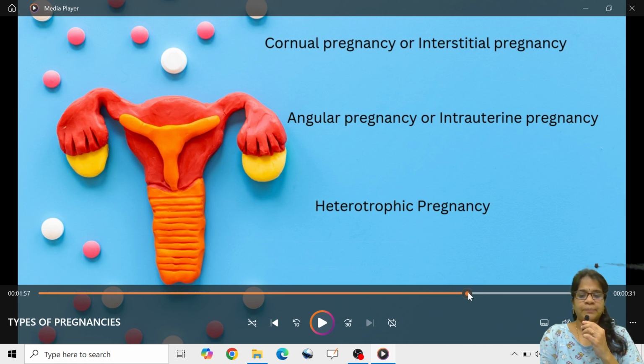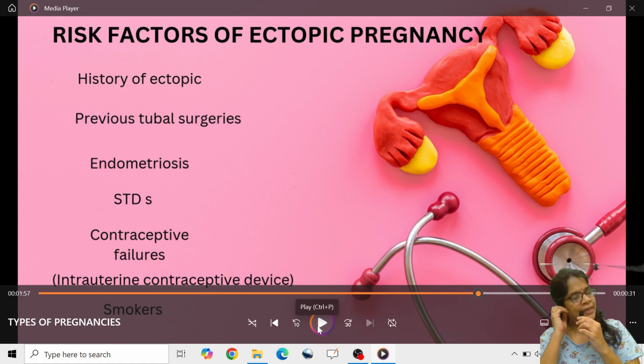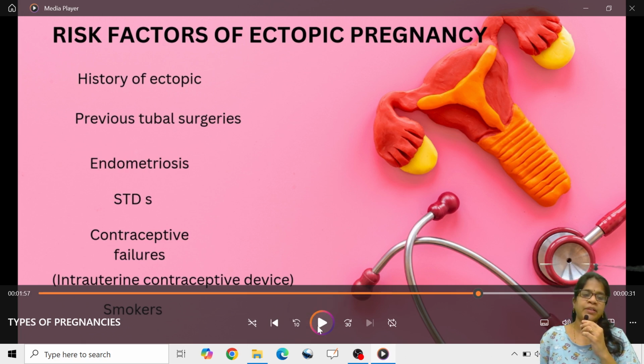This is interesting. So risk factors, I told you, the history of ectopic. If a lady has already gone through a pregnancy which was an ectopic pregnancy, the chances of the second baby would again be ectopic. It's only because maybe that lady might not be having a good amount of hormones produced in the body.